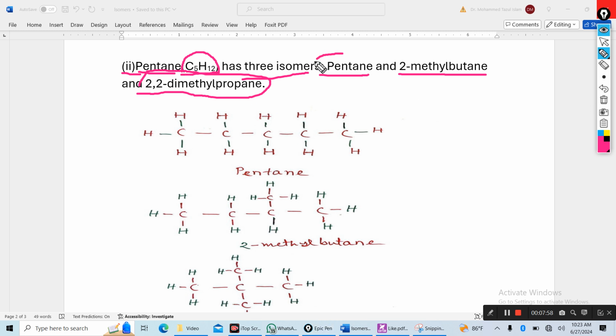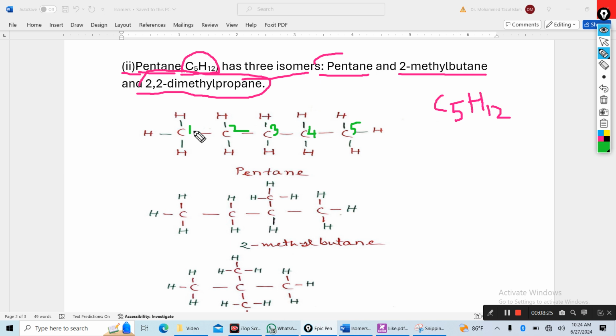At first you draw C5H12. This is pentane. This means this hydrocarbon contains 5 carbons and 12 hydrogens. The molecular formula is C5H12. So first you write 5 carbons, pentane.